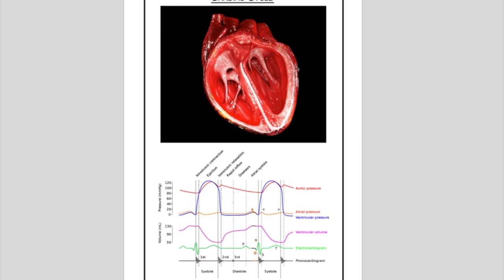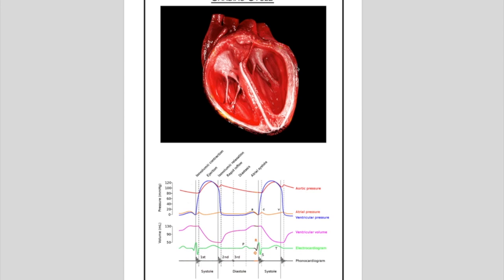And then the ventricles will start to depolarize. And following that wave of depolarization, we're going to have contraction of the ventricles. As they start to contract, there it happened right there, you have closure of the AV valves. Also at this point, AV valves are closed, the semilunar valves are closed, so we call this isovolumetric contraction because the ventricles are starting to contract, but the volume of blood within those ventricles is the same.